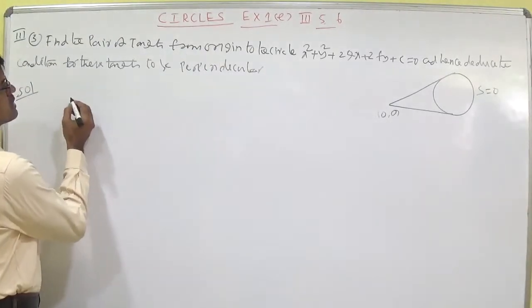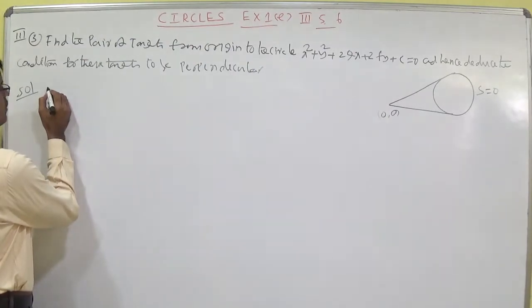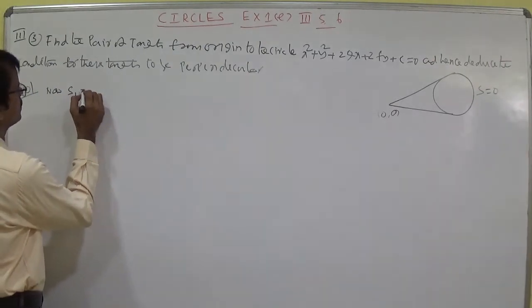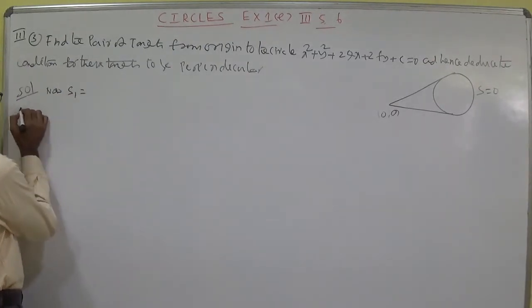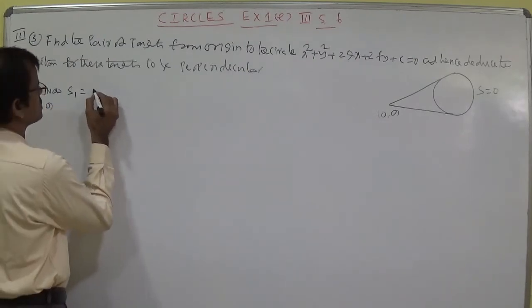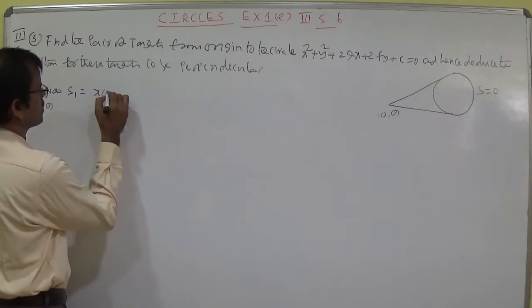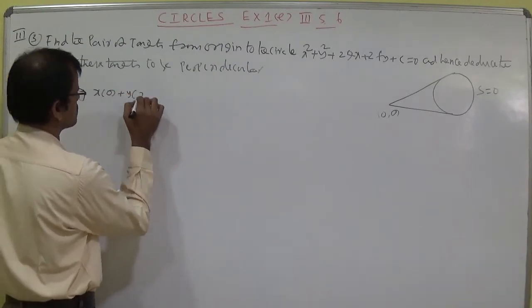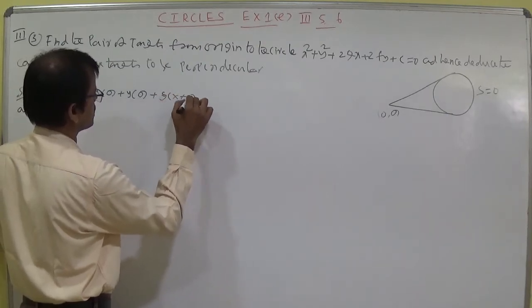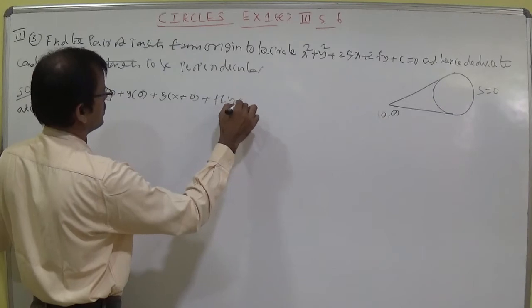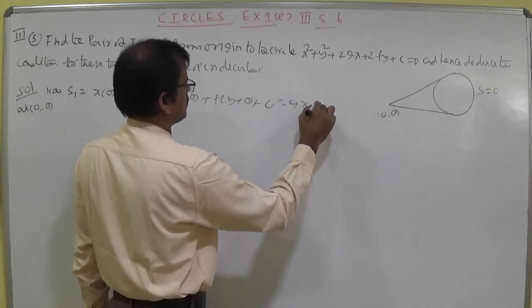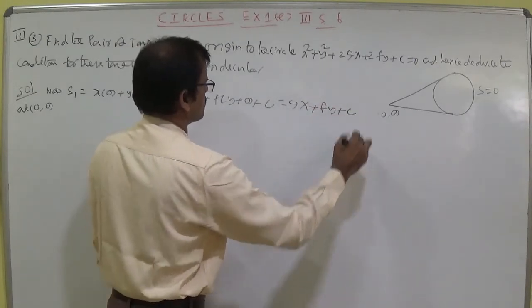Let us discuss about pair of tangents. Now S1 at 0, 0. I am writing, using the notation xx1 plus yy1 plus g into x plus x1 plus f into y plus y1 plus c, substituting 0, 0, the simple answer is gx plus fy plus c.